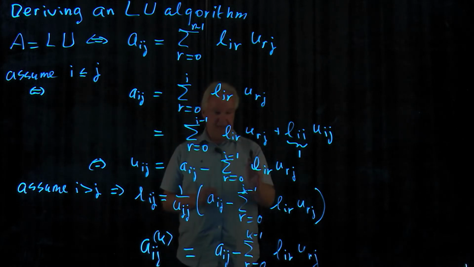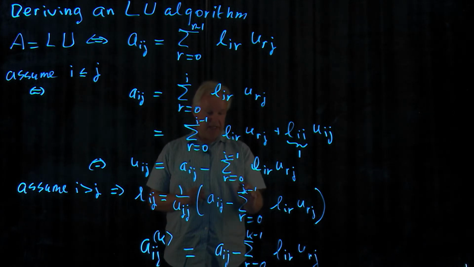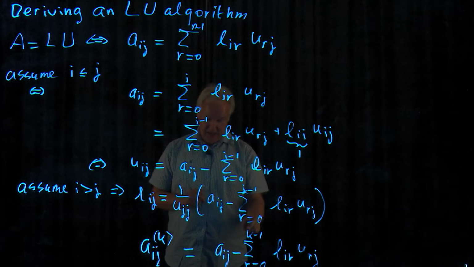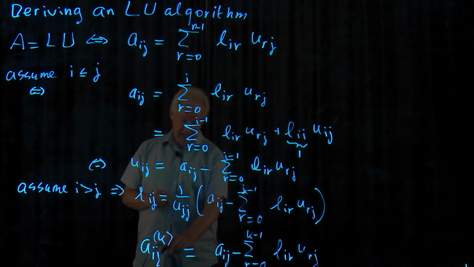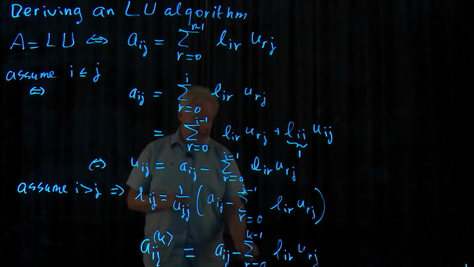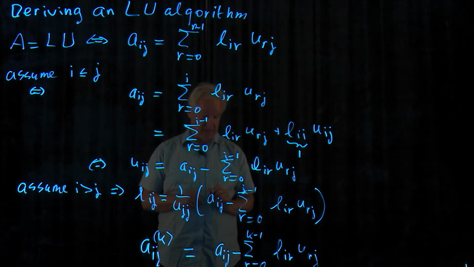What I've done here is unify the two formulas, which both have an i and a j, into one notation. Aij at stage k equals this part.